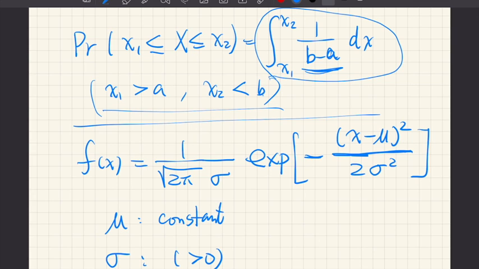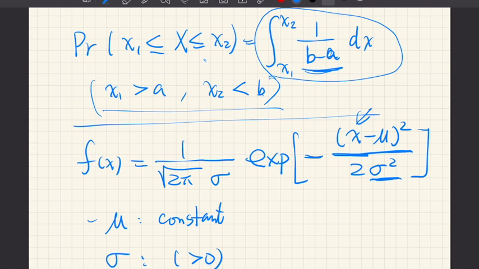And maybe you already know that this mu is the average of this random variable x, but we haven't yet defined what average means, and we will do that next week probably. And this sigma squared corresponds to the variance of this random variable.